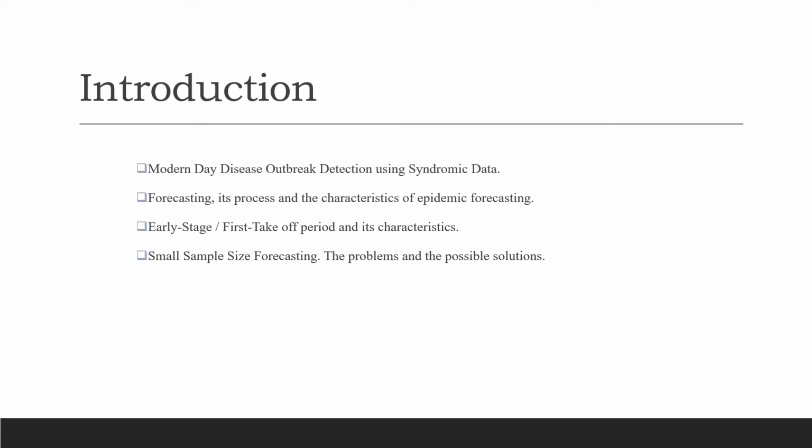So in early stages of epidemic forecasting, we want to know how many cases over the next days or week. When we look at the data, we see a very small sample of data. Various studies use different sample sizes.